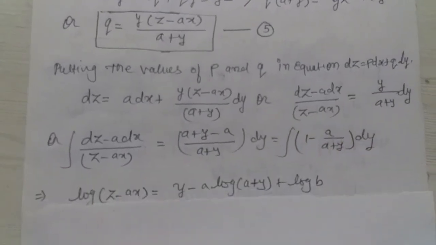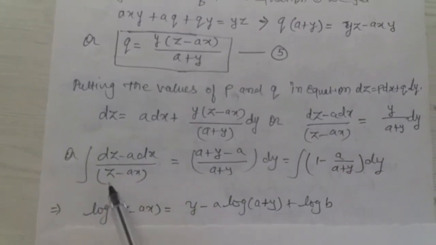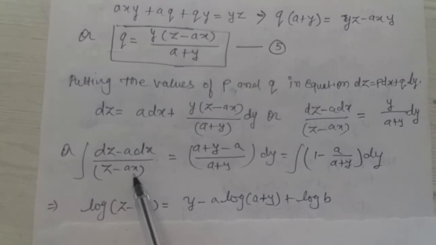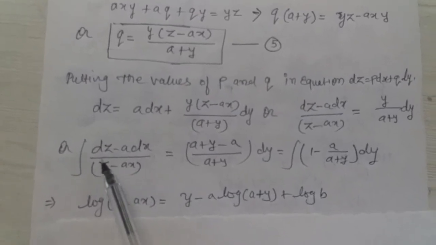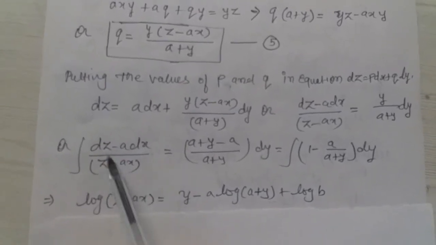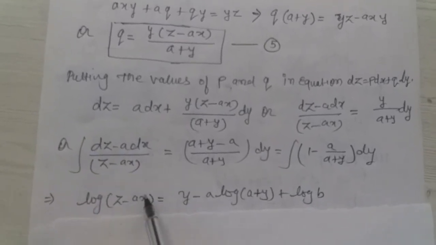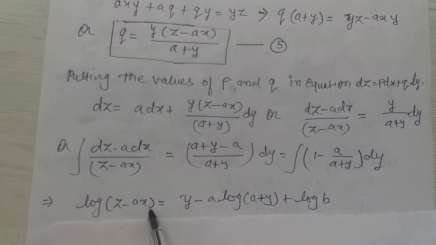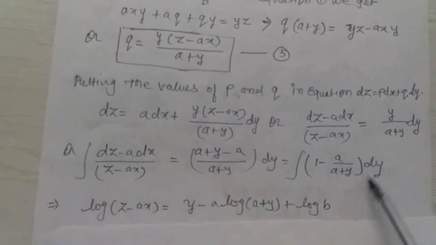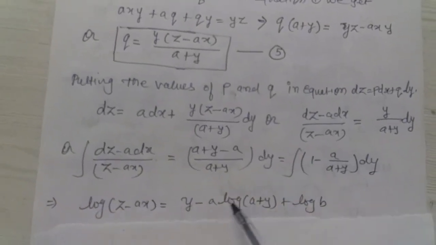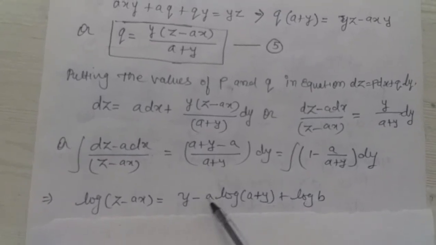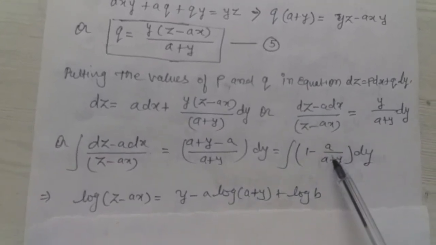Now put z minus ax equal to t, so we get dz minus a dx is dt. So this is dt by t, and the integration is log t. The value of t is z minus ax. Here the integration of dy is y, minus a times the integral of dy upon a plus y.